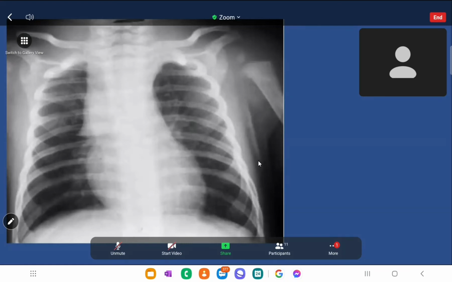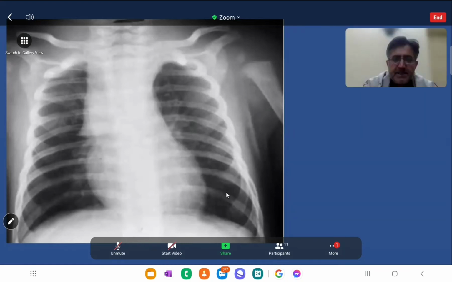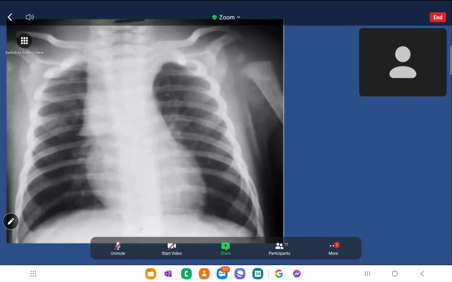Okay, so anyone who can comment on this chest X-ray, please. Sir, this is the chest X-ray, PA view showing mediastinal widening with bilateral infiltrates in both lung fields, and costophrenic angles are normal.